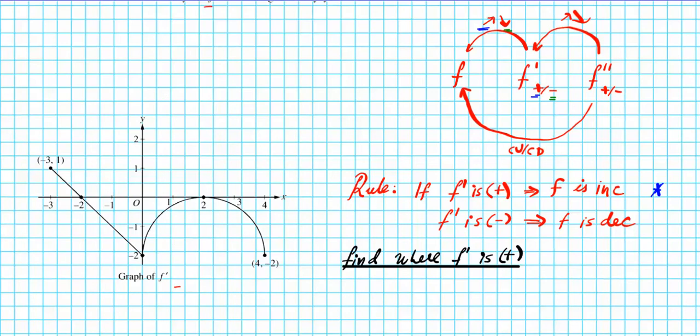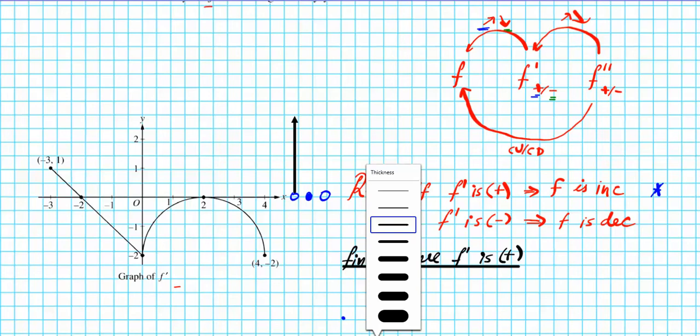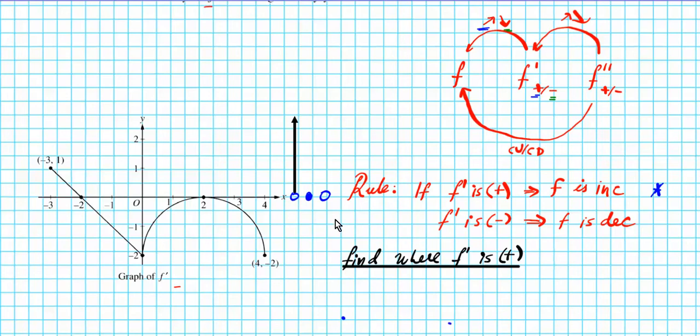Let's go ahead and break it up. Above the x-axis, on, and below. For above, any region above the x-axis, f prime is greater than 0.